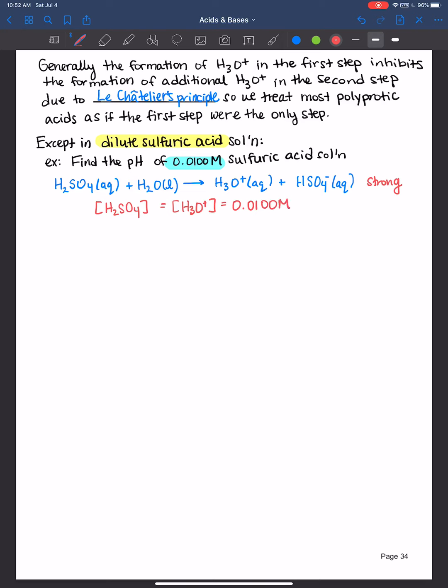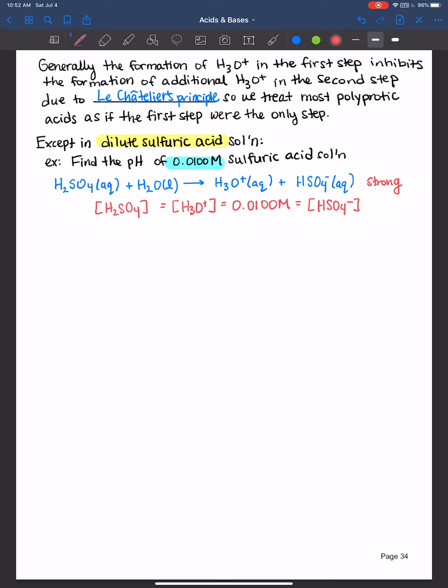In addition, your hydrogen sulfate concentration is also 0.0100 molar, right? Because this completely dissociates into both, okay?